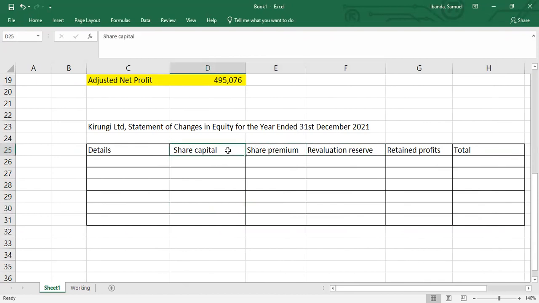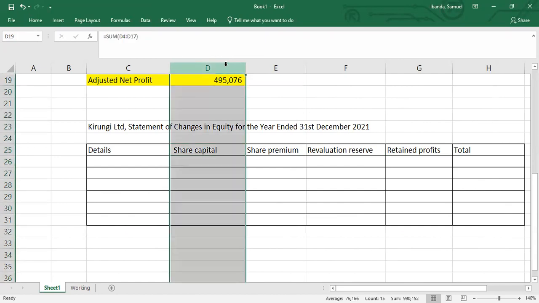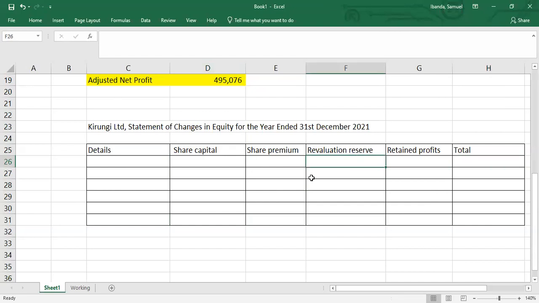They'll have capital, which will not be called share capital but just capital, and then retained earnings. At least every company has capital and retained earnings, and that will be all. Depending on which company has what, other columns like general reserves, just in case you had them, would also form part of your columns. Any item of equity would form part here, okay?